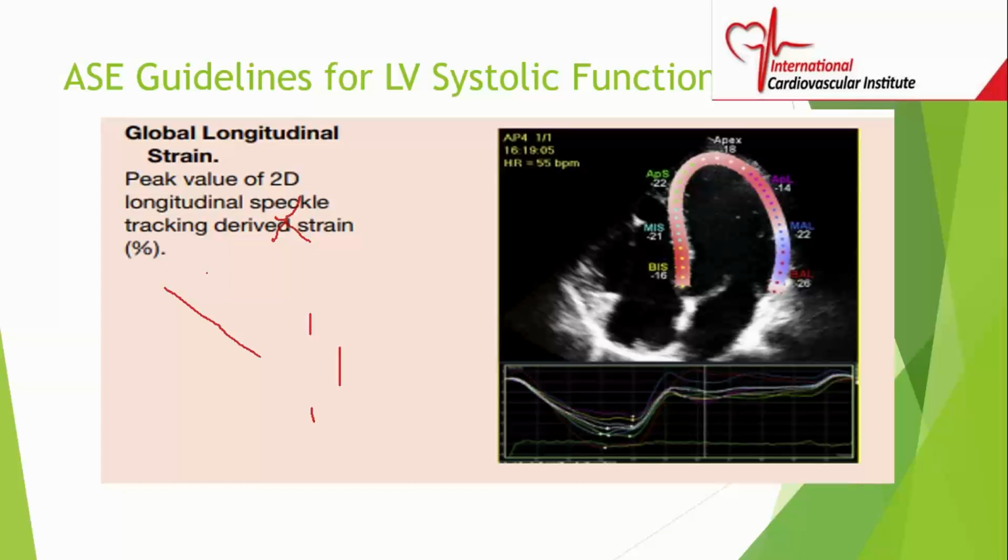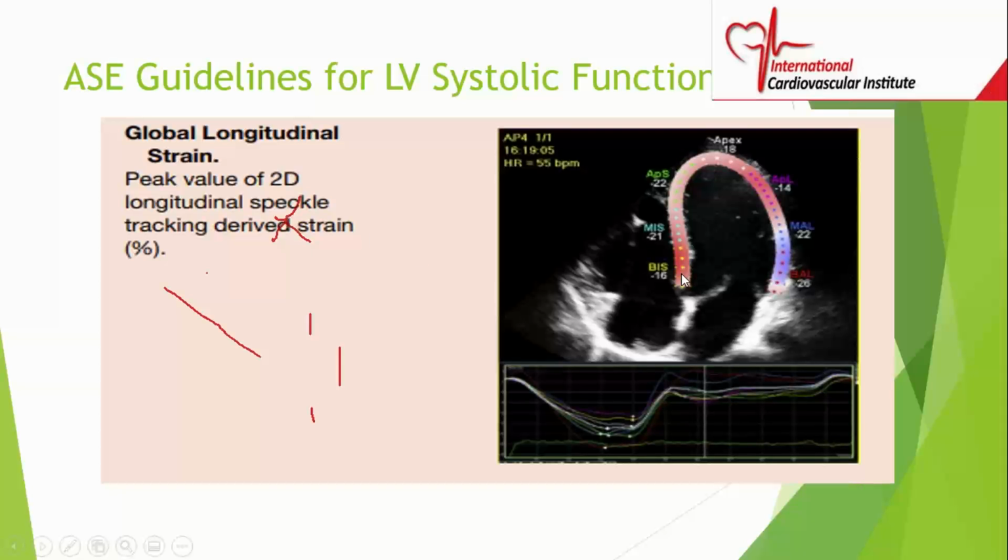So if you were to use the diastolic measurement as the original length, and then when it contracts, it shortens, and you use the systolic dimension as the instantaneous length, you can see you'll get a negative number. So we use peak strain, and we use two-dimensional speckle tracking derived strain, and we'll look at that.